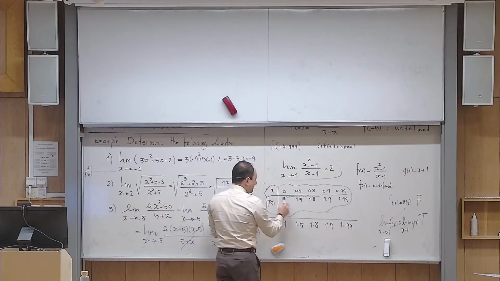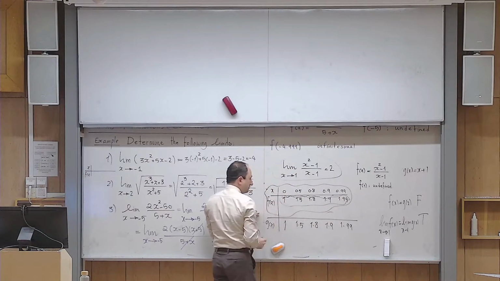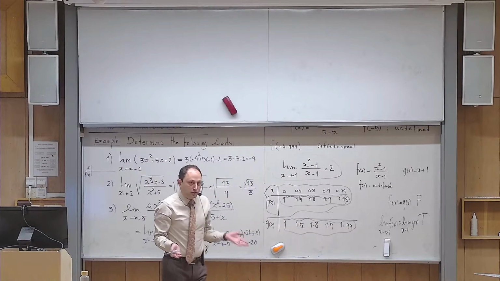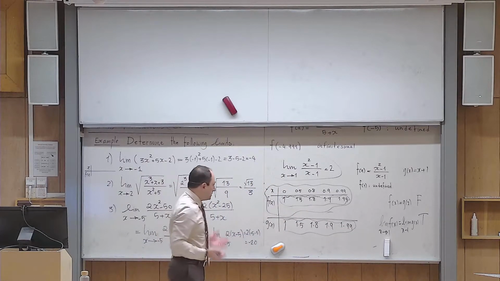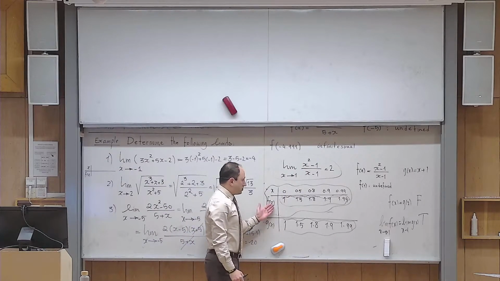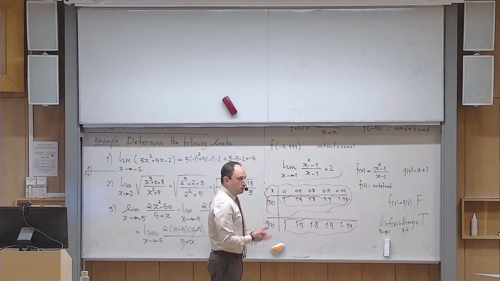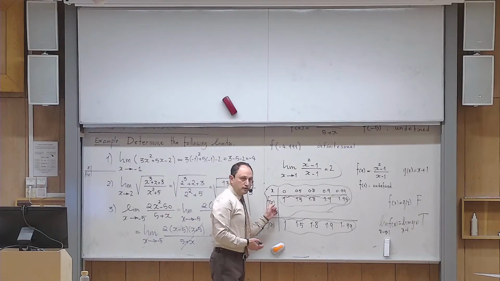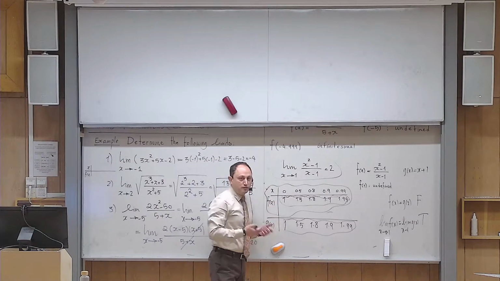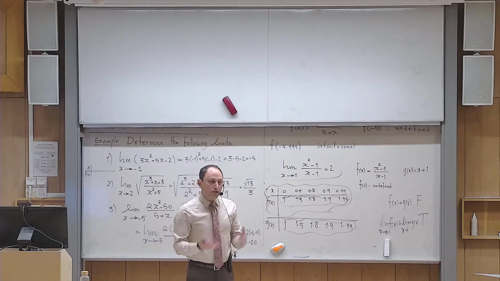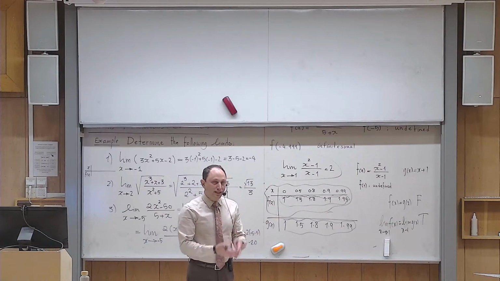So you see that the values of f and g are identical if x is not equal to 1. So this means that even though the function f is not equal to function g, if I respect the fact that x is not equal to 1, whatever I get for f, I will get the same for g. Is that clear? So it means that the functions are not equal, but the limits are equal.